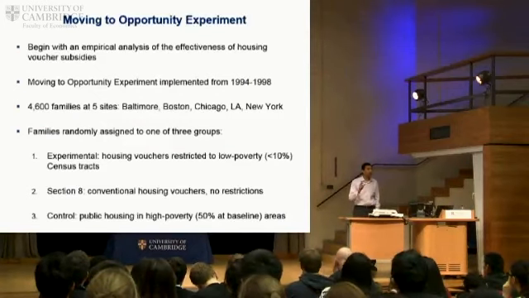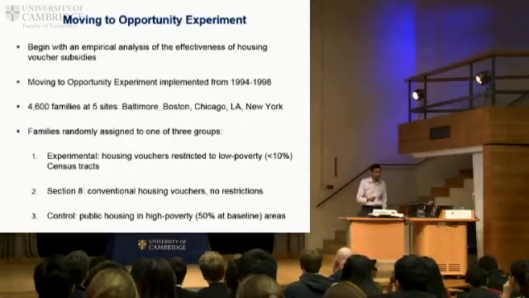There was the experimental group, which received housing vouchers that were restricted to low poverty, that is less than 10% poverty rate census tracts. So you got these roughly $6,000 on average per year housing voucher subsidies, and you could only use them to rent an apartment in areas that had relatively low rates of poverty. Okay, so they came with this important restriction.